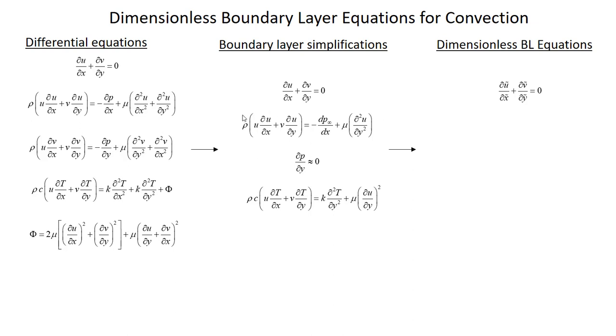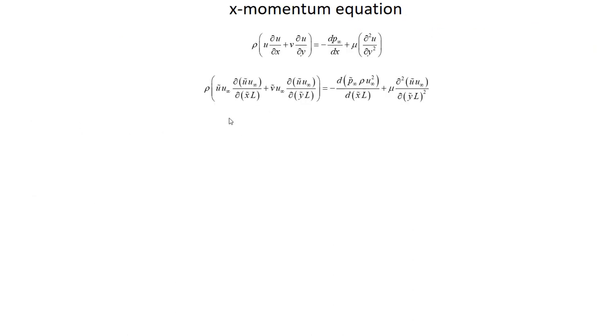So let's take the next one, which is the x momentum equation. So here's the x momentum equation. Same deal, right? I plug in for u, x, v, and y, the dimensionless u times u infinity, and so on and so forth. Over here, I have dp infinity dx. So what's that going to be?